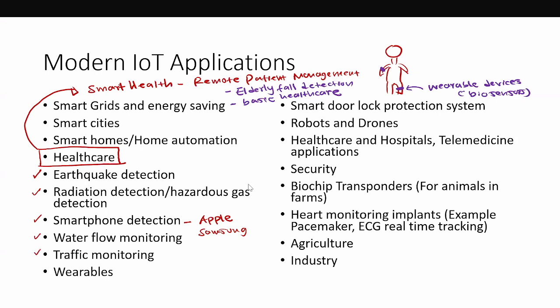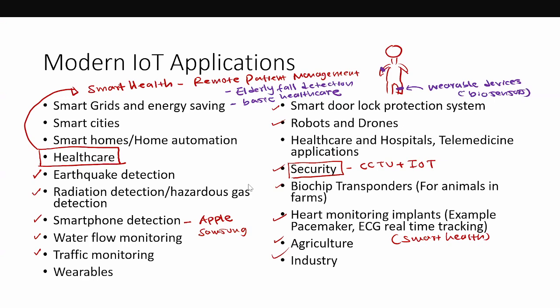Water flow monitoring, traffic monitoring, smart door locks, robots and drones we discussed, and security. These are also very important. We can get the assistance of CCTV, and IoT can do a great job in security. Biochip transponders are part of smart health, monitoring the patient conditions. These are some very interesting applications.